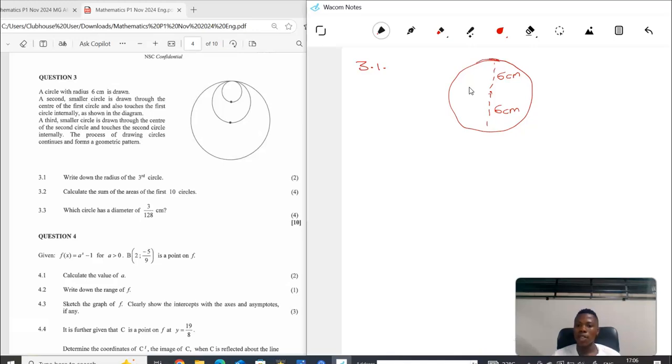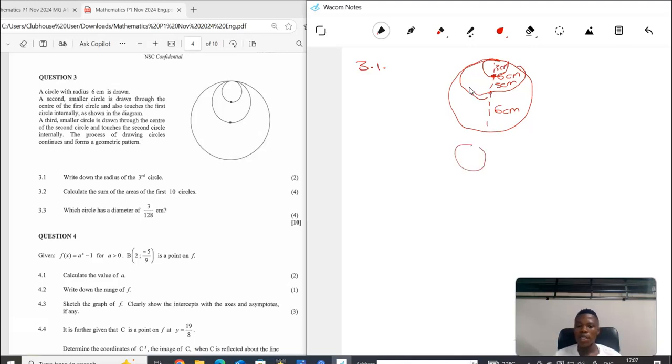We have the second circle. Its radius is 3 centimeters.